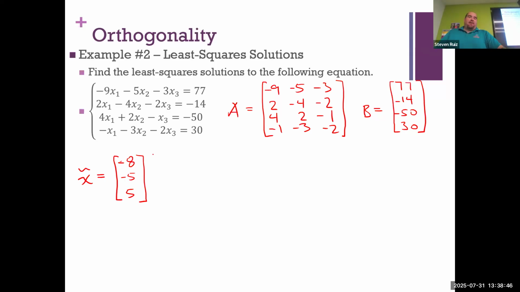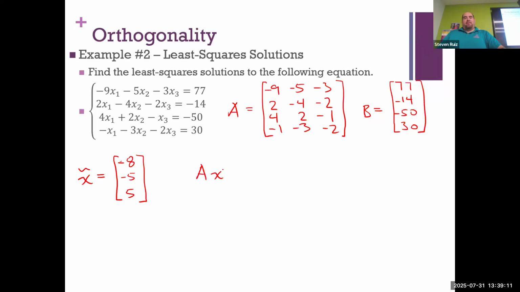Do we have a way of finding out how close our answers got? Plug them into what? The original system. Yeah, then we have to calculate those by hand. I don't want to do that.